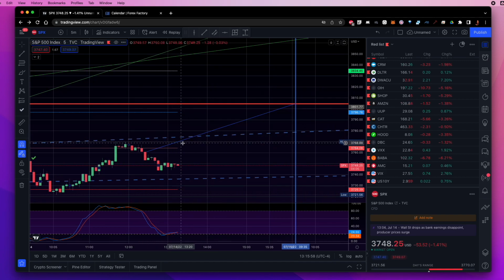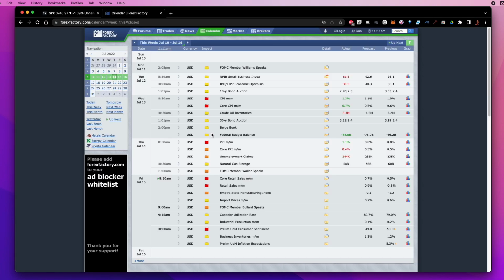I want the market to stay somewhat subdued, somewhat suppressed and sideways, at best. I just don't want it to be making new highs on me. So those are things that you want to consider during the trade. And again, definitely keep your economic calendar up. I keep this website up at all times, so I know what's coming up.